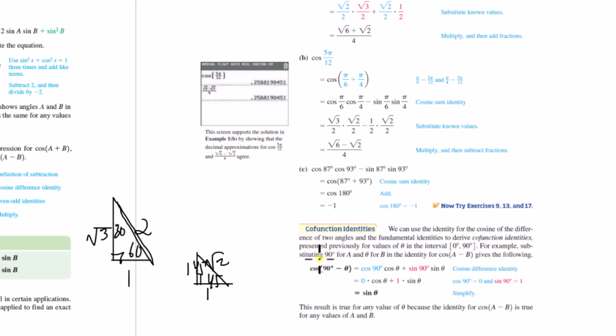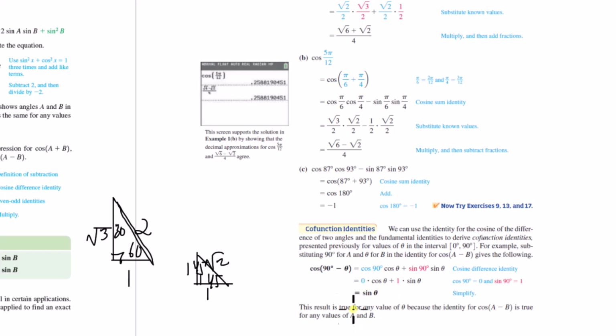For example, substituting 90 degrees for A and theta for B in the identity for cosine of A minus B gives the following. So yeah, what is cosine of 90 minus theta? That's a cofunction identity, right? But let's put this into the difference identity for cosine. So they do that, and cosine of 90 is 0, sine of 90 is 1, and they're left with sine theta.